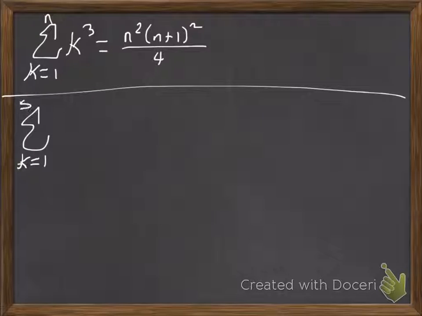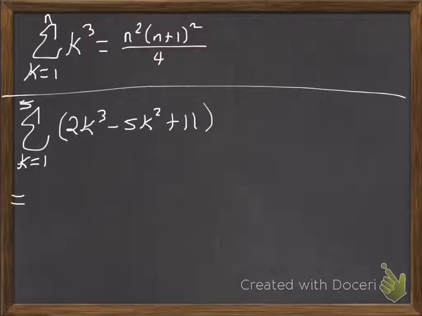So if we do k equals 1 to 5, and we're going to get a little crazy here, of 2k cubed minus 5k squared plus 11, and I'm going to throw up one more formula in a minute when we need it. I've got one sequence, here's another one, and here's a third one. If I can split up 2, I can apply that property and split up 3.